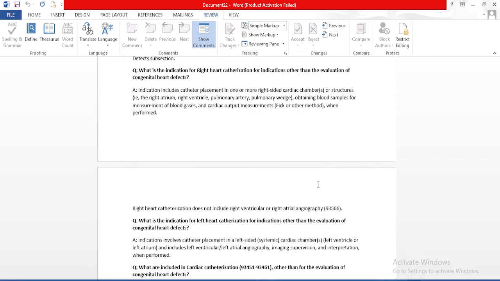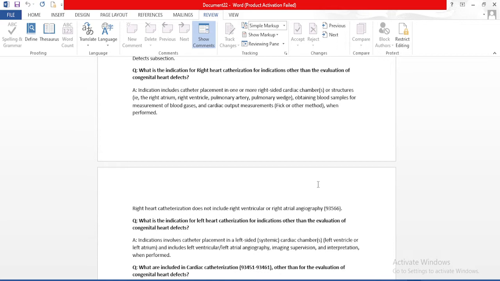Next question, what is the indication for right heart catheterization for indications other than evaluation of congenital heart defects? Right heart catheterization includes catheter placement in one or more right-sided cardiac chambers or structures like the right atrium, right ventricle, pulmonary artery, and pulmonary veins, obtaining blood samples for measurement of blood gases, and cardiac output measurements, by dye or other method when performed.